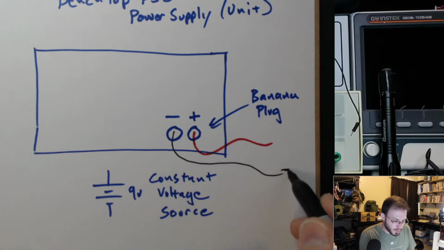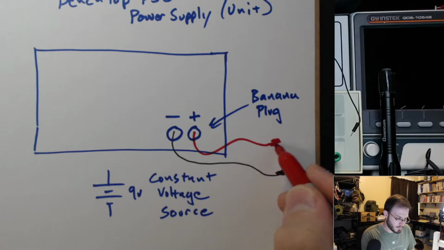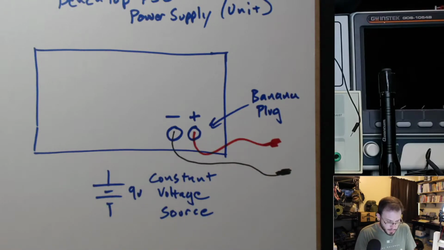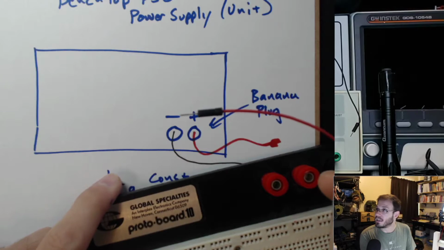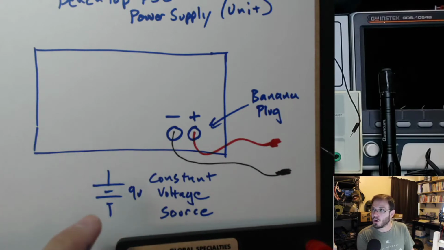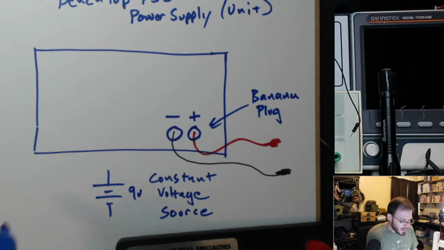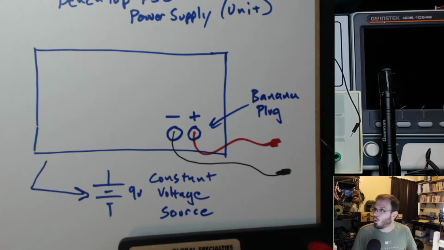In fact, I have these little connectors that'll grab onto the wires on our breadboard. So I'll use those little grabbers or alligator clips in order to attach to these wires right here. So I would take the red and attach it there, and I would take the black and attach it down there in order to apply power to my circuit. So this benchtop power supply is going to be behaving like our 9-volt constant voltage source.